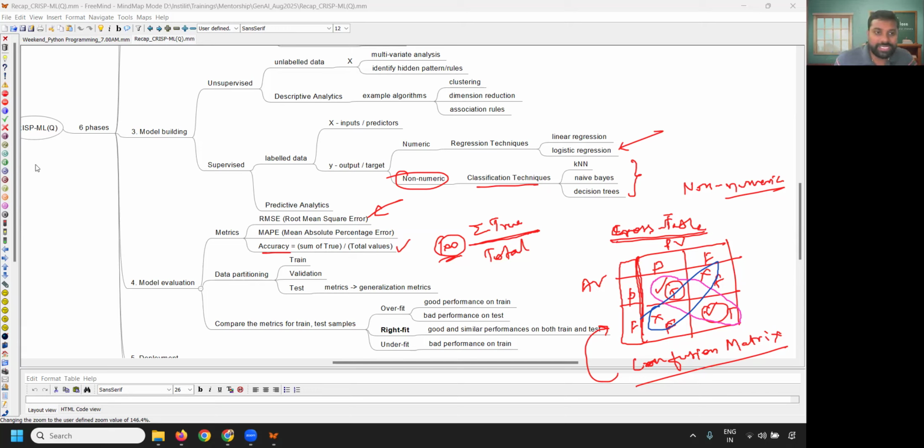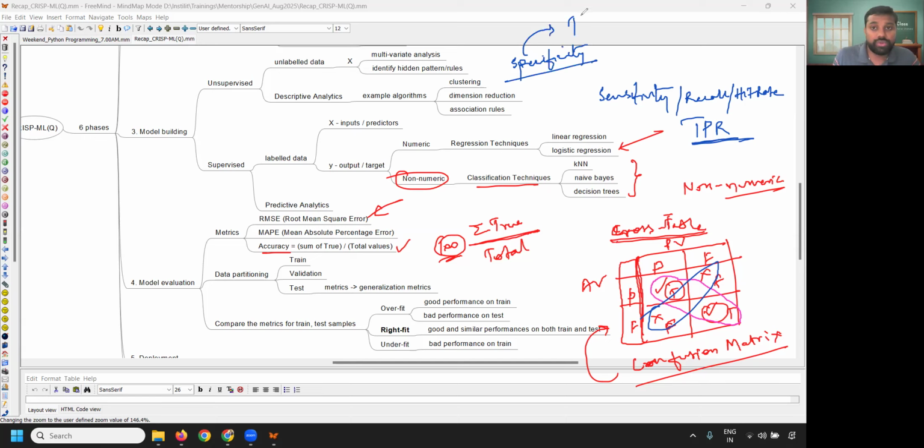We will look at sensitivity. Oh, precision recall. Yeah, this one. Yes, sensitivity is also called recall, or it is also called hit rate or true positive rate. We also have specificity. This is nothing but true negative rate.